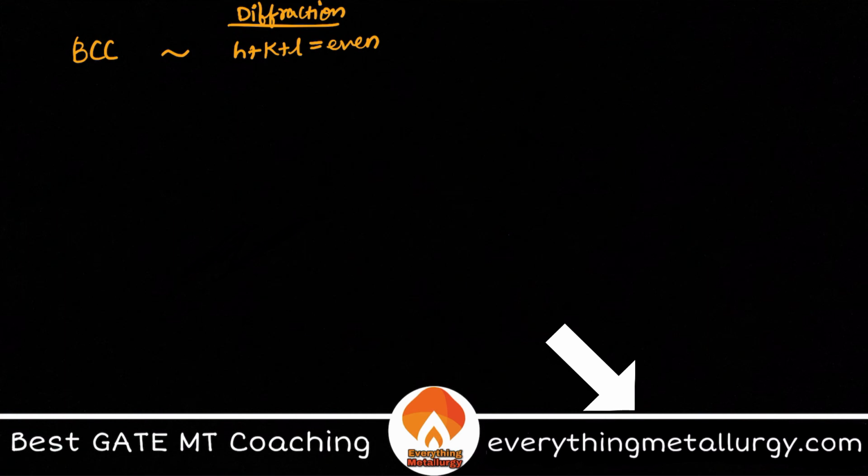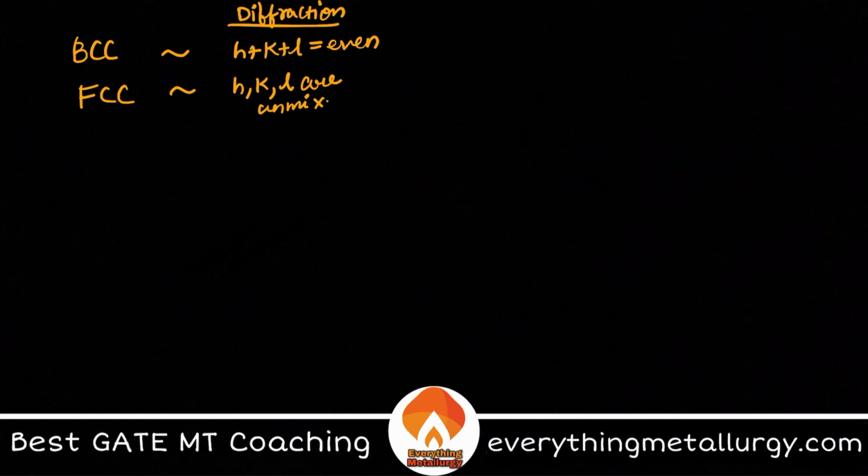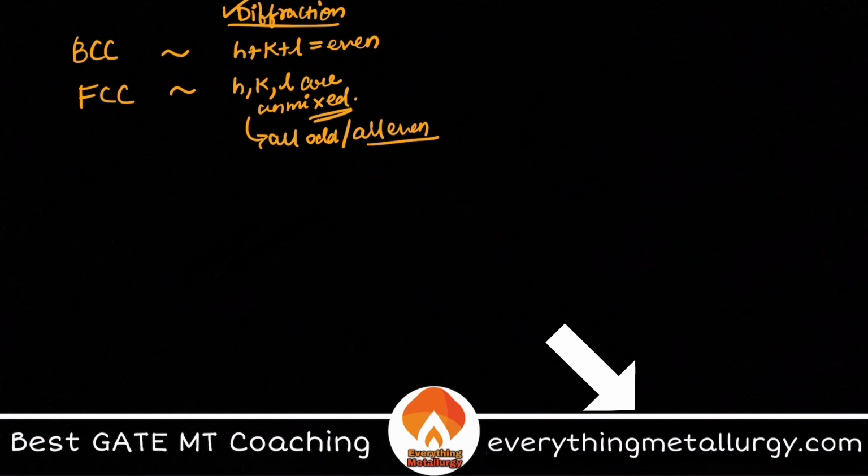Similarly, what I want you to do is take FCC, where you get that equation, and there you get diffraction patterns only when h, k, l are unmixed. What is unmixed? Unmixed is nothing but all odd or all even. Here 0 is also considered even. And in simple cubic, every plane will give you diffraction.